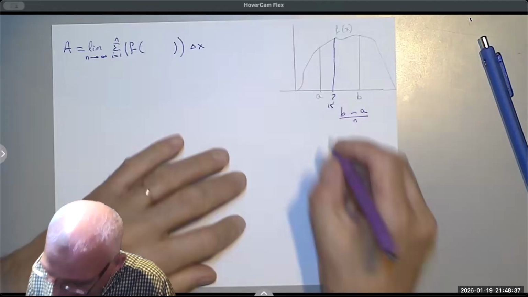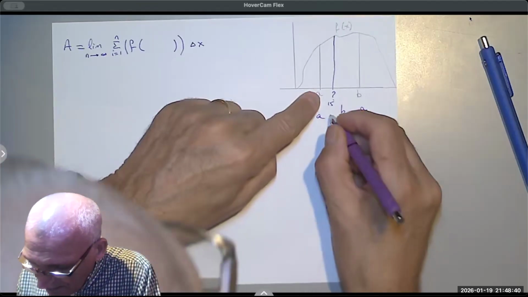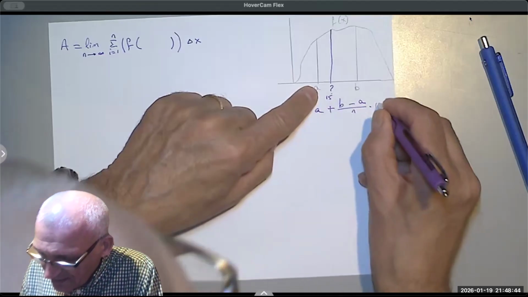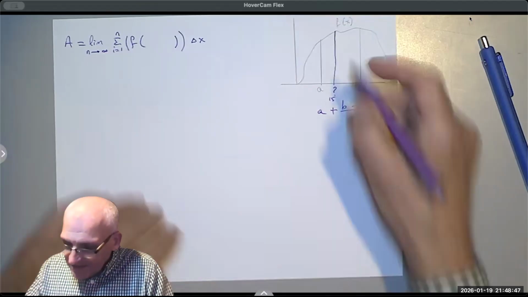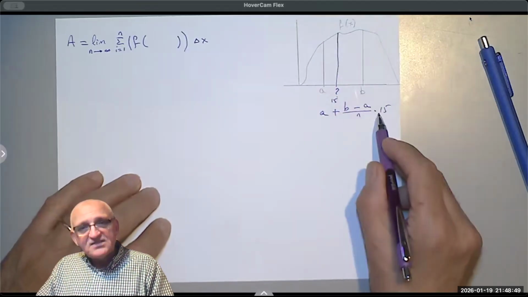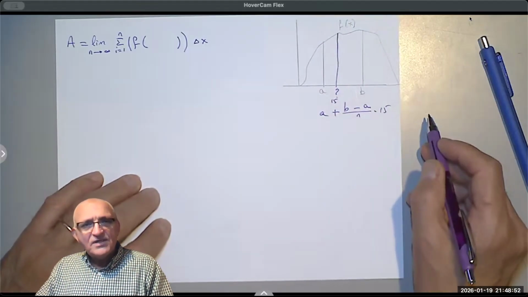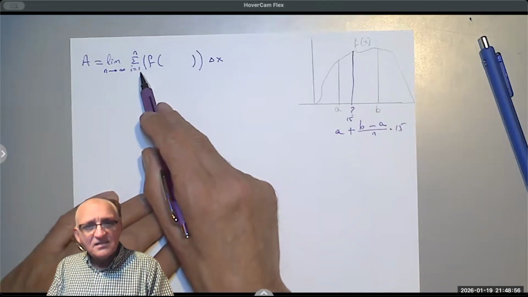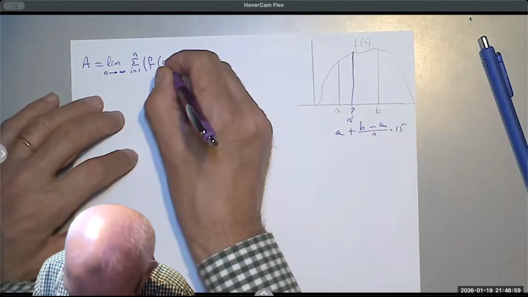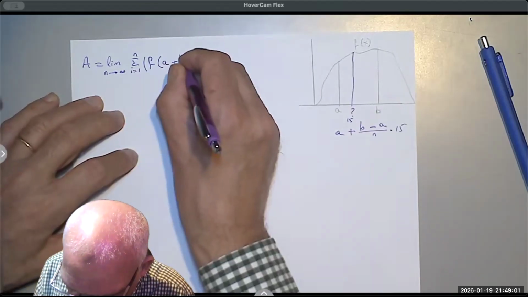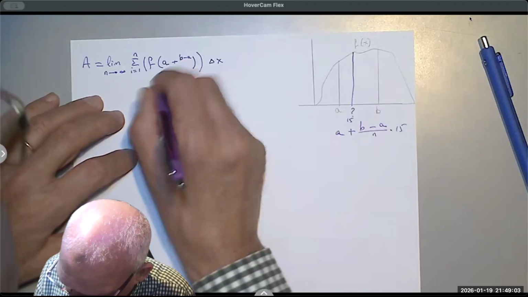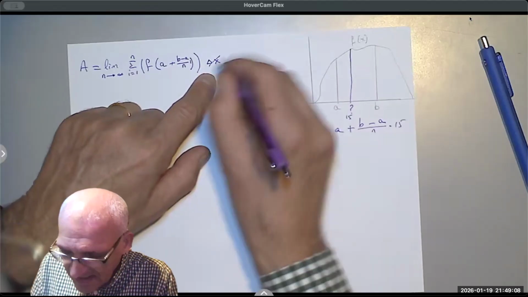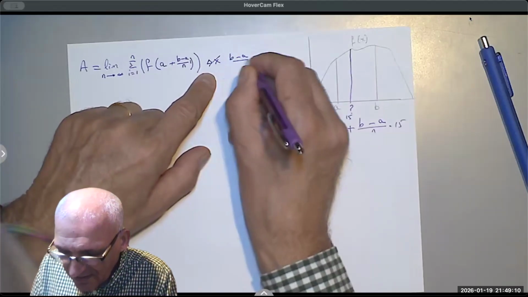Yes, it would be a, which is this, plus b minus a over n, which is delta x, times 15. And then the one next to it would be times 16, times 17. Oh, wait a second. But I have these called i's. So it's a plus b minus a over n times i. And delta x is b minus a over n.